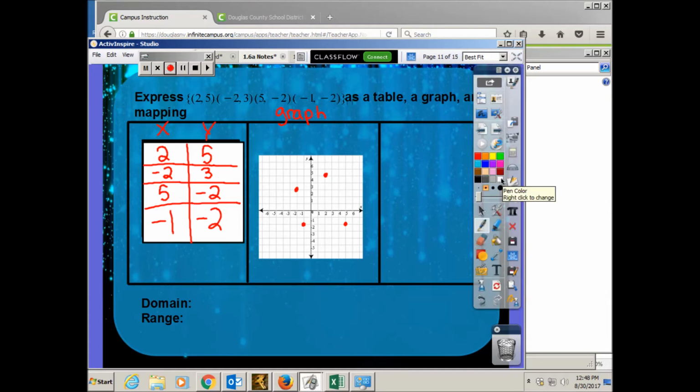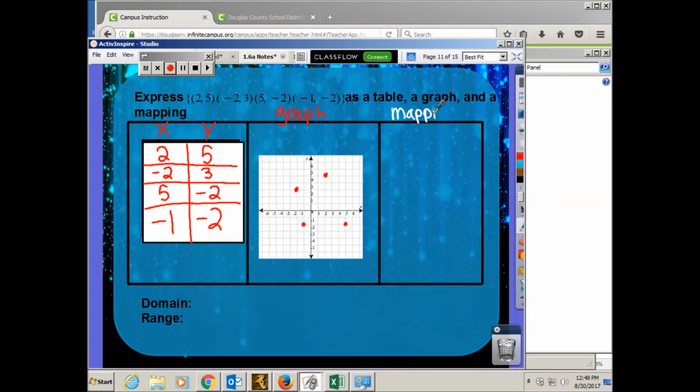Next, I'm going to do the mapping. So for mapping, I have my x values, I have my y values. Does anybody remember, especially my students might remember, when you do the x and the y in the mapping, what's the key about how you place them?